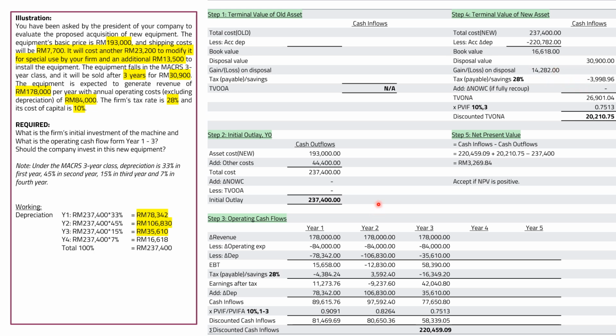The second thing I want to share is about operating expenses. So in this question's case, it is quite straightforward. It is a minus 84,000 per year, but sometimes you might find questions that are like, if the firm acquires this asset, the labor cost will decrease, or it will say it will save 10,000 in operating costs, basically things like that.